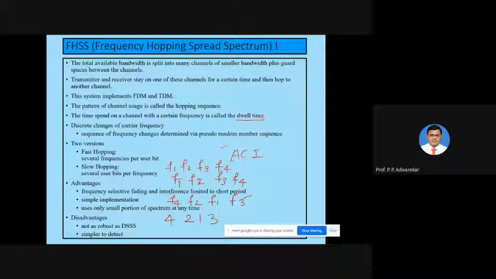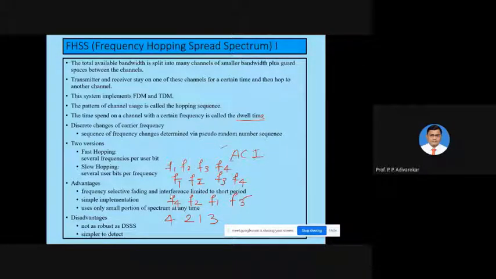In fast hopping, a single user bit stays on a number of frequency channels, that is several frequencies per user bit.